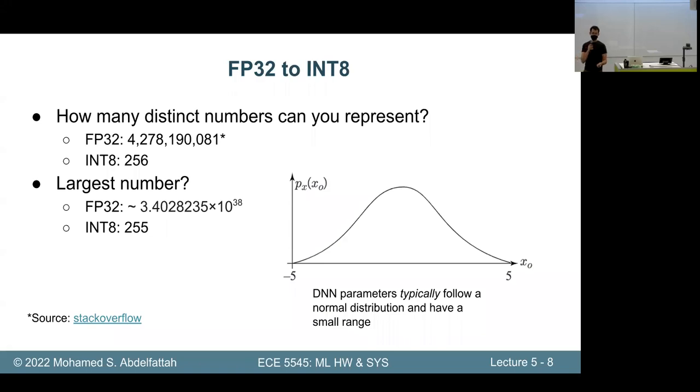It doesn't always look like that, and it really depends on how you train it and what optimizers you use. But typically it looks something like that. Usually your numerical range is quite small, and -5 to 5 is just an example. I've seen it from -0.5 to 0.5 as well.